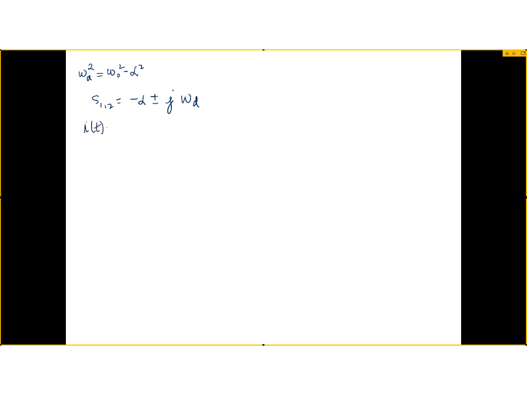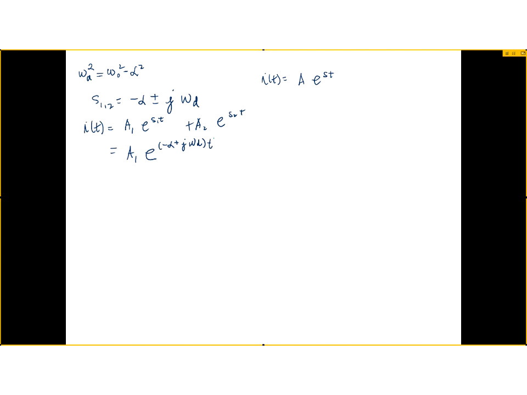Now, if you haven't taken differential equations, initially this is going to be kind of scary, because when we substitute that into our differential equation, remember our initial trial solution was of this form, A e to the st. It turns out that we have two s's, s1 and s2, so we need to substitute. We're going to have two constants here, a1 e to the s1t plus a2 e to the s2t, and this part may be scary because we're going to have an exponential, and the exponential happens to be a complex number.